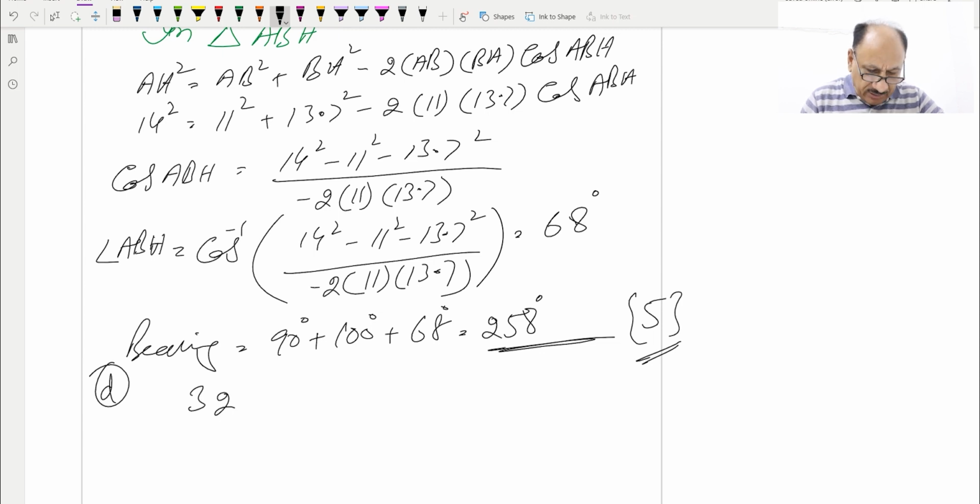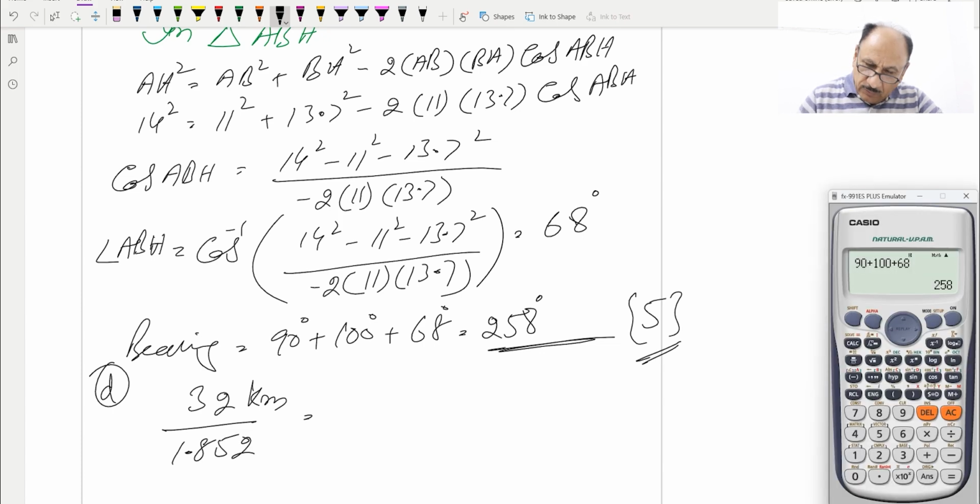First we will convert these kilometers into nautical miles, so we divide by 1.852. 32 divided by 1.852 is giving us 17.2786.